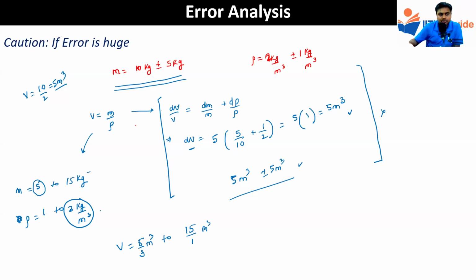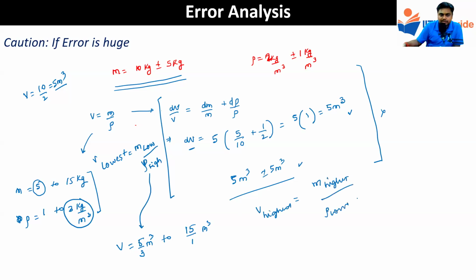Okay, so the lowest volume will be when mass is lowest and density is highest, and the highest volume will be when mass is highest and density is lowest.